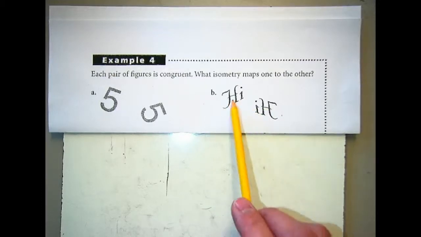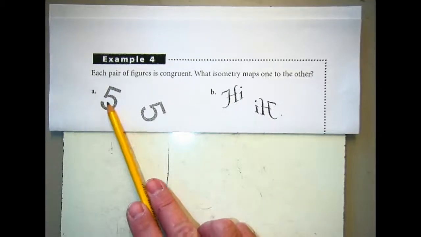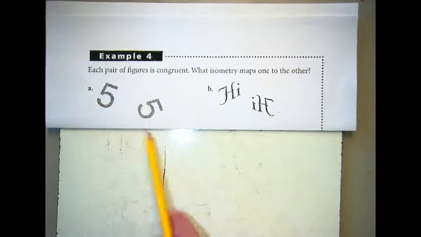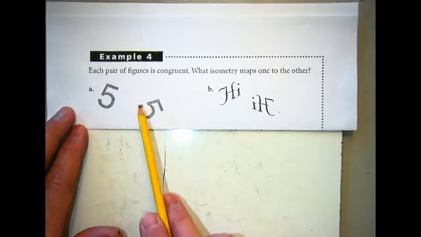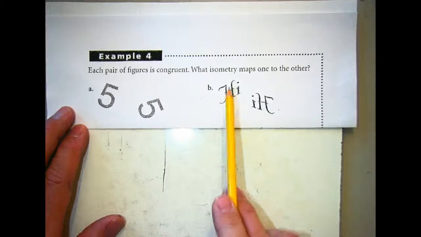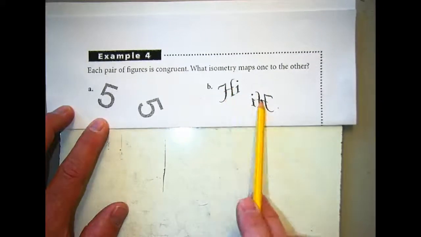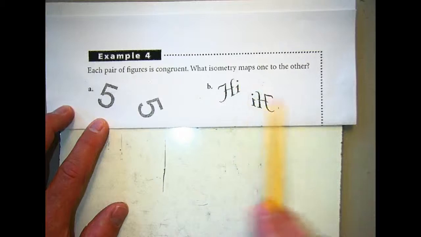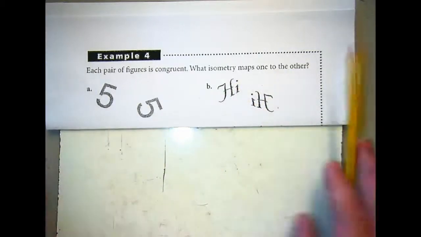Glide reflection. It's either a reflection or a glide reflection. Letter A has to be either a rotation or a translation. Well, it's obviously not a translation, so it's a rotation. Letter B, it's not reflecting straight over, therefore it's been slid and then reflected, so it's a glide reflection. Orientation helps you determine which of the 4 it is.